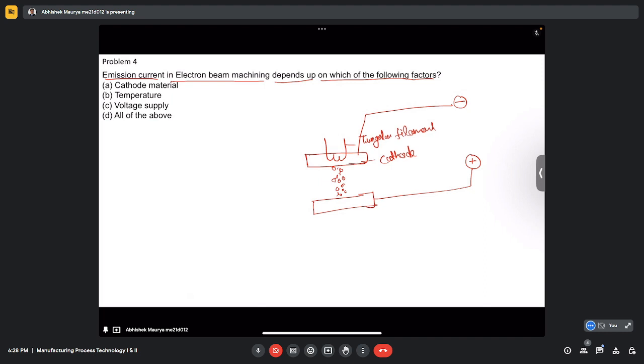There is a field because of this potential difference between anode and cathode. Therefore electrons get accelerated, and how fast the electrons move is going to decide the beam current.